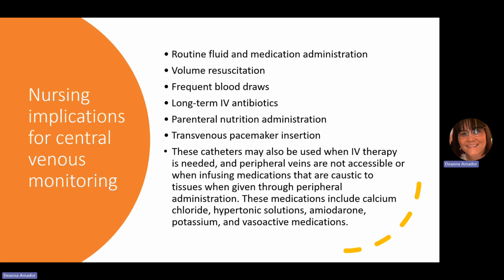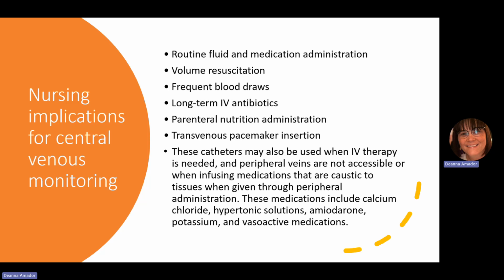Nursing implications for central venous monitoring. We would want to use central venous monitoring for routine fluid measurements, so we can see how well hydrated our patient is, what their volume status is.